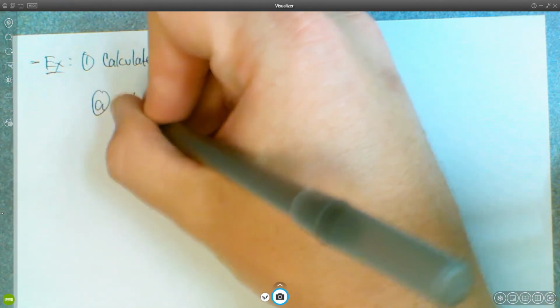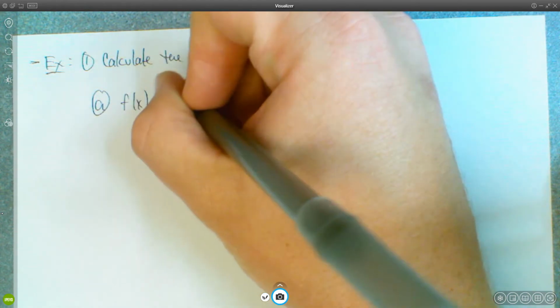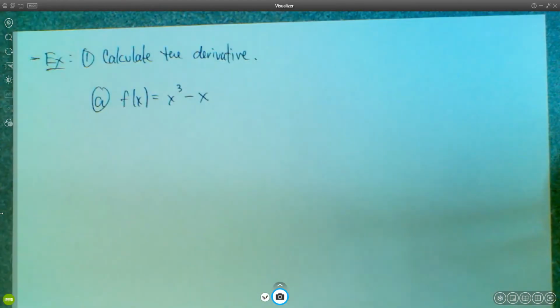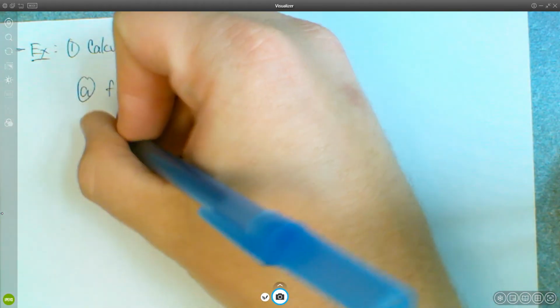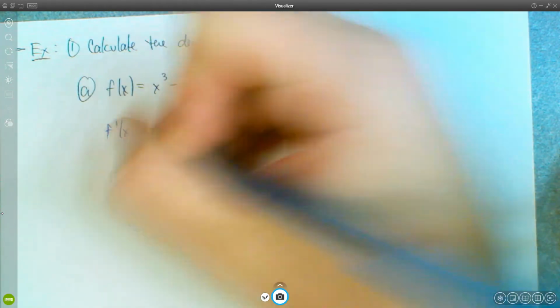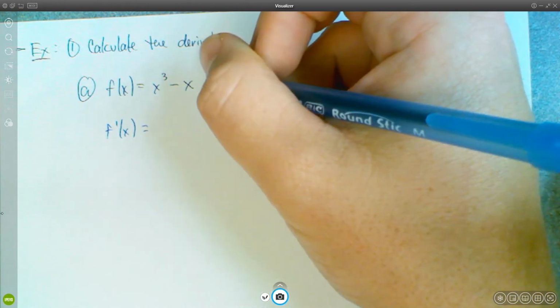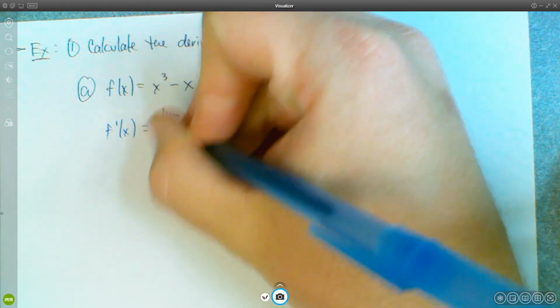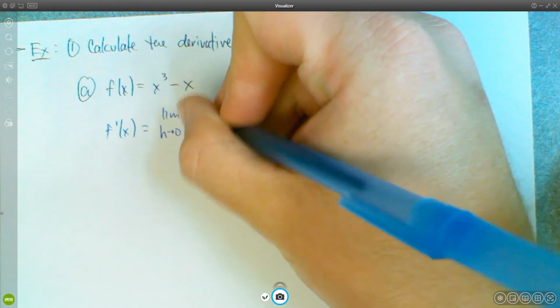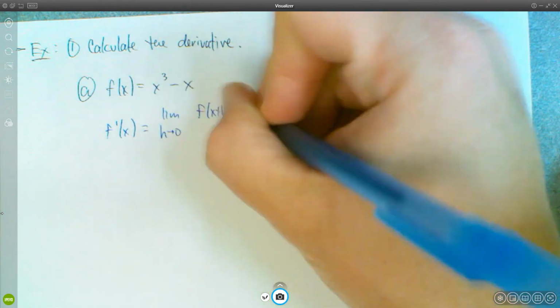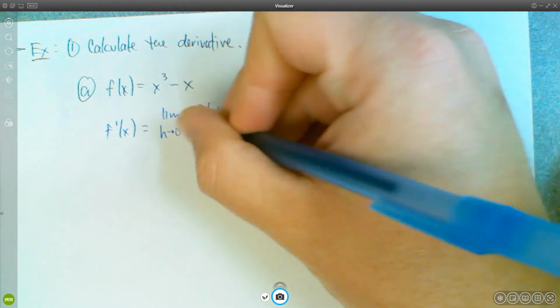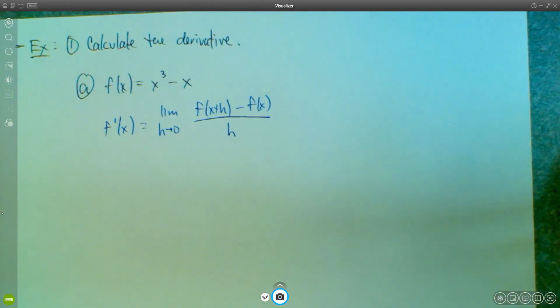Let's do this for f of x equals x cubed minus x. Okay, so here we go. f prime of x is going to be the limit as h approaches 0 of f of x plus h minus f of x over h.